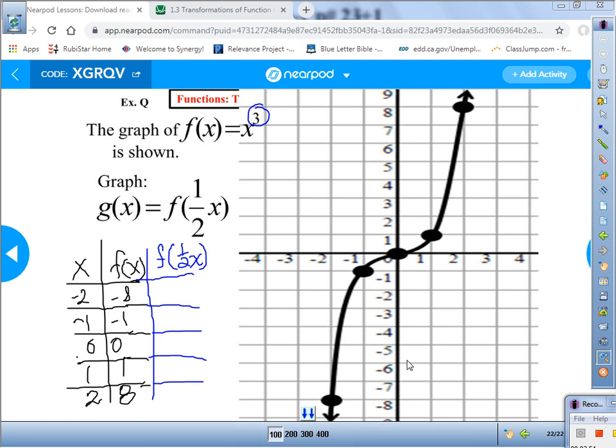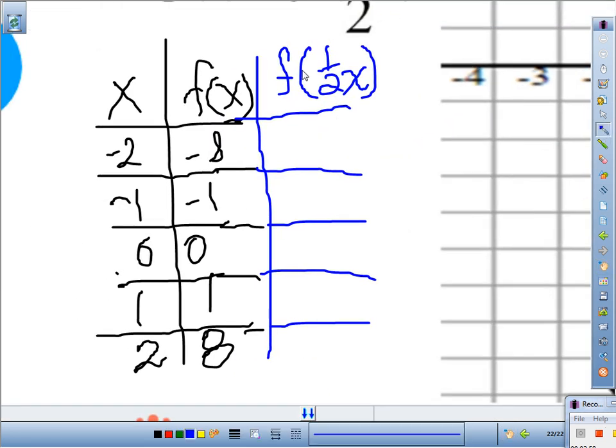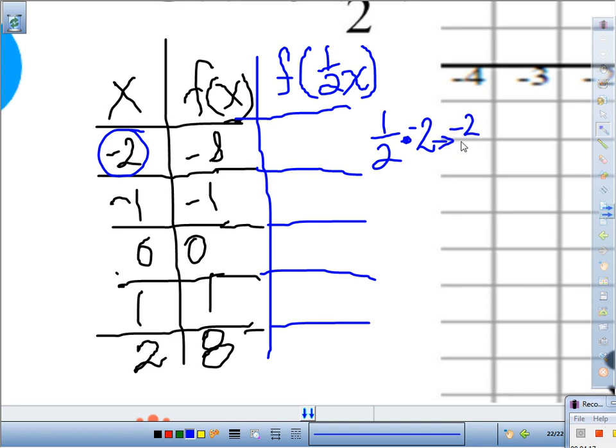Let me zoom in. What does it say again? f of 1/2 x. So where's x? Right here. So this is saying to do what? 1/2 times what? To -2. That is correct, because that's x. So this becomes what? -2 over 2, which is -1.